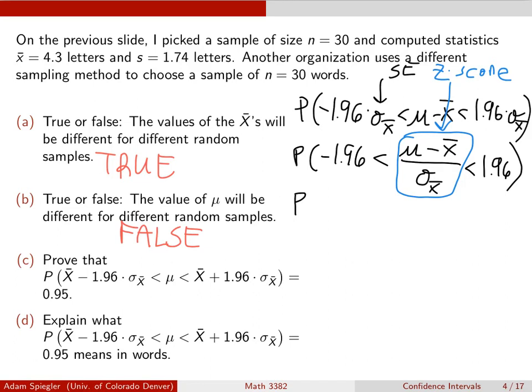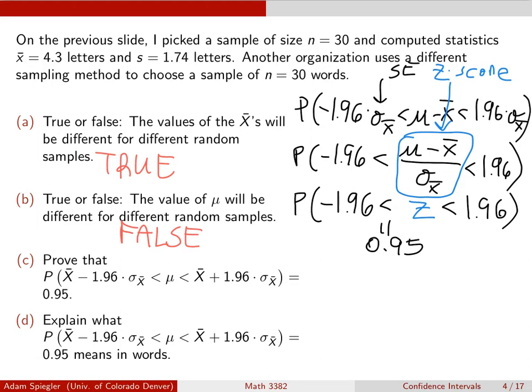If I replace that middle with z to represent the z-score for any value taken from that sampling distribution, then we've got this. And you can check that for the standard normal distribution, that is indeed equal to 0.95.